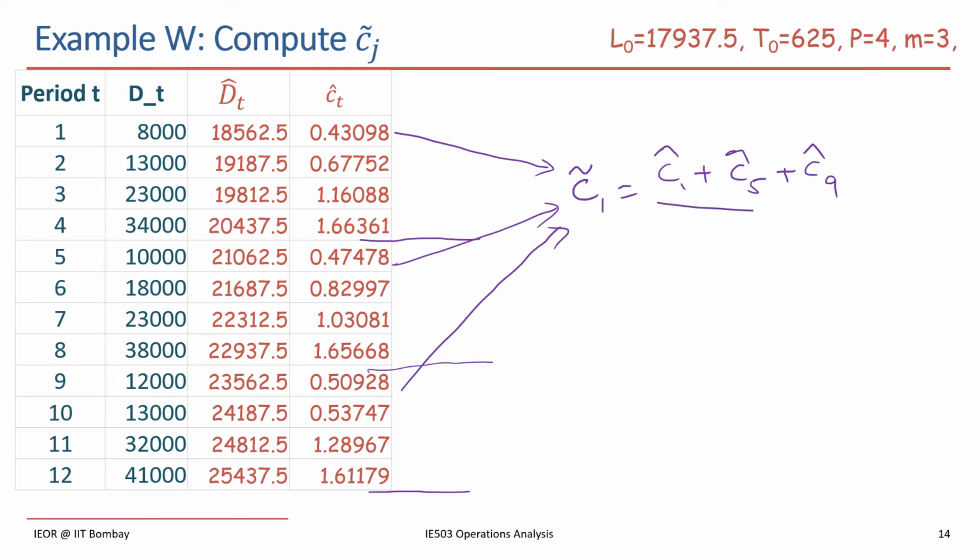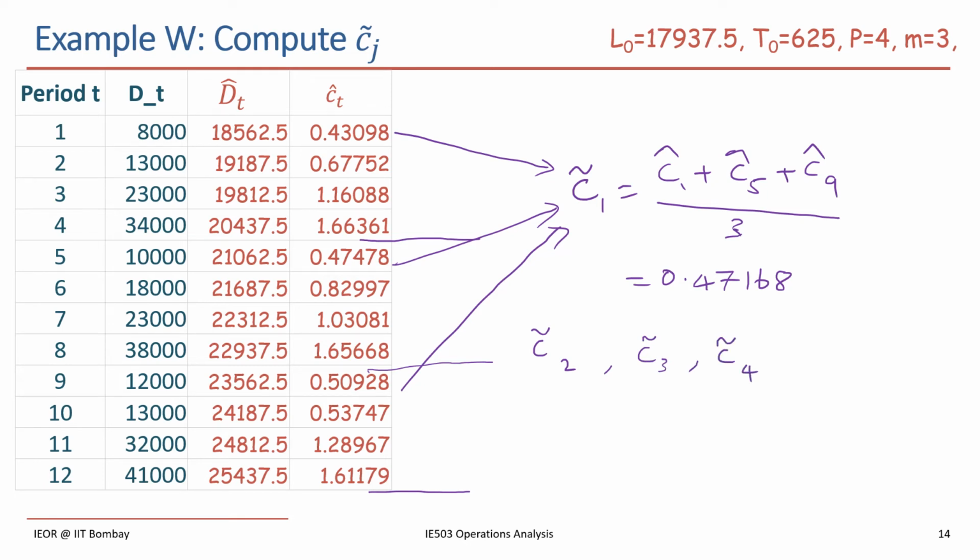So I'm taking an average of those three values, 0.43098, 0.47478, 0.50928. I take an average of that and I get a c tilde value of 0.47168.